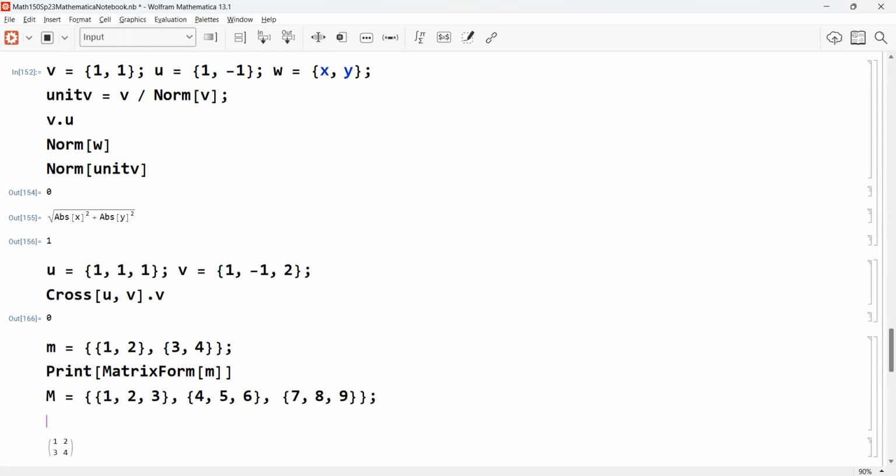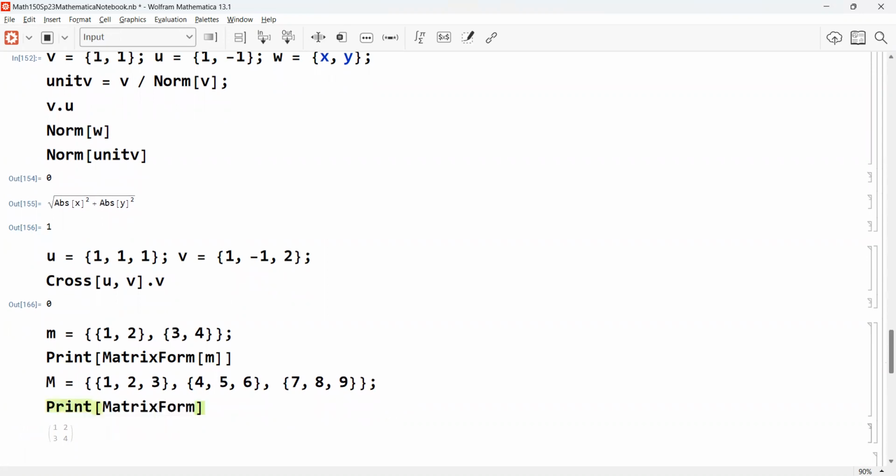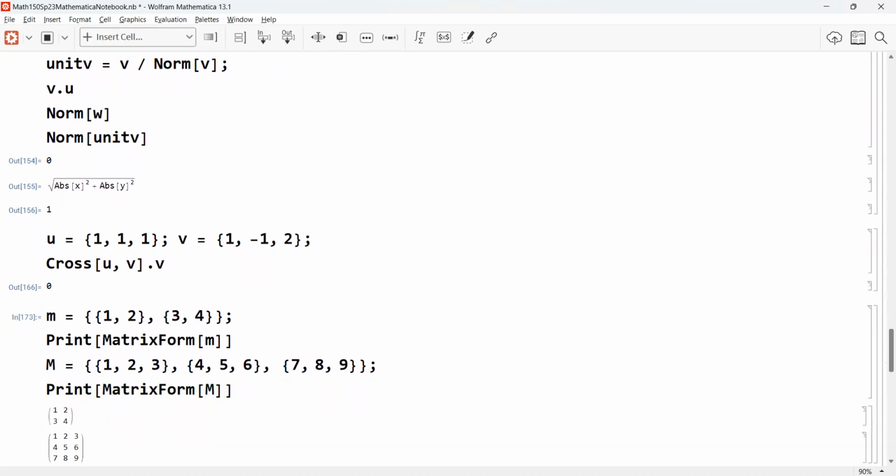And so I can do print matrix form of big M. And so it's printing those matrices. And that's a lot easier to view. You want to make things as nice as possible. I am not putting in comments because this is pretty straightforward stuff right now. What might you want to do to these matrices? What might you want to find?